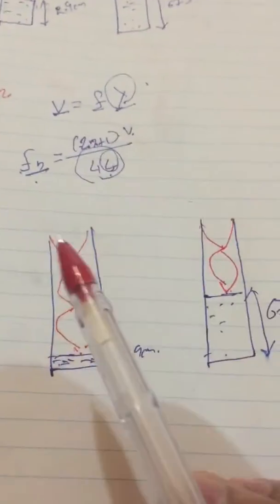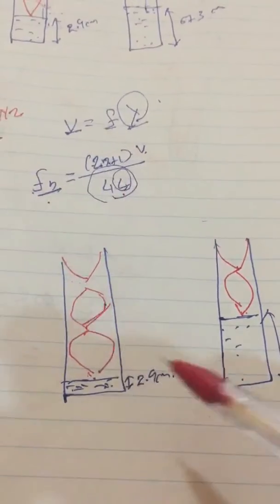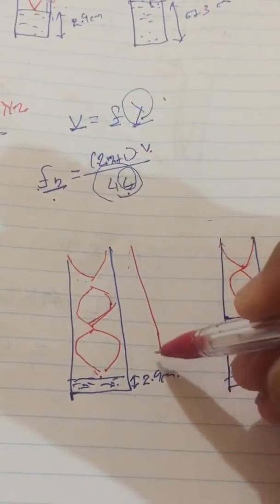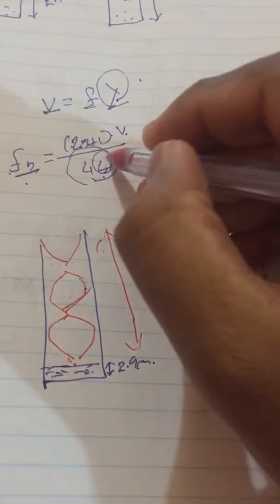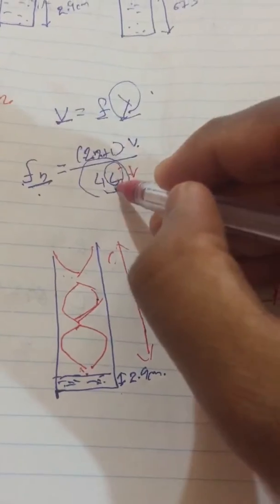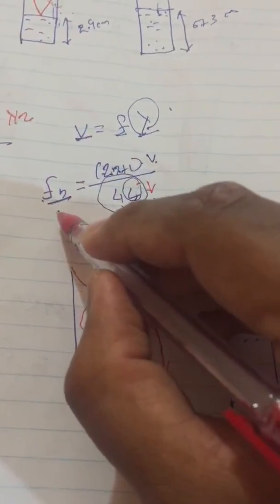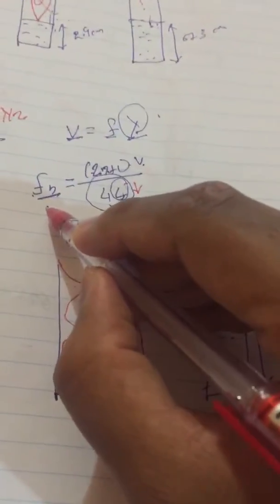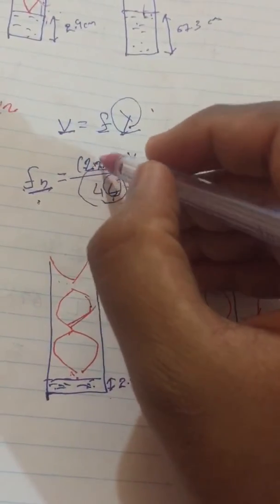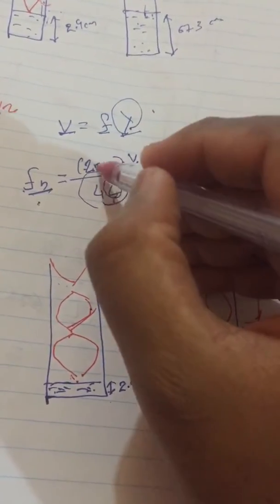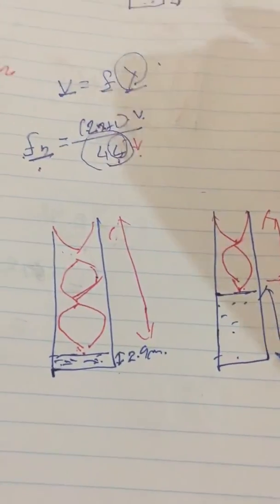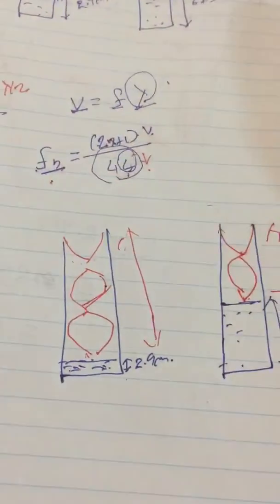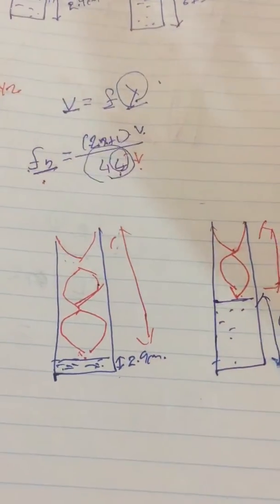Why? Because the length has decreased, but the frequency is kept constant because this is the same tuning fork, which means that the only way this could happen is that the n value should decrease, which means the harmonic should decrease.